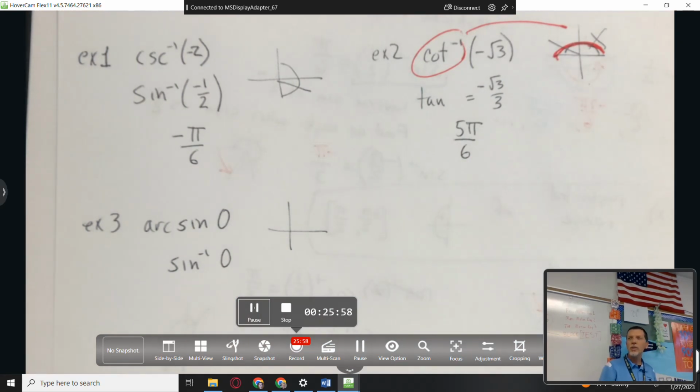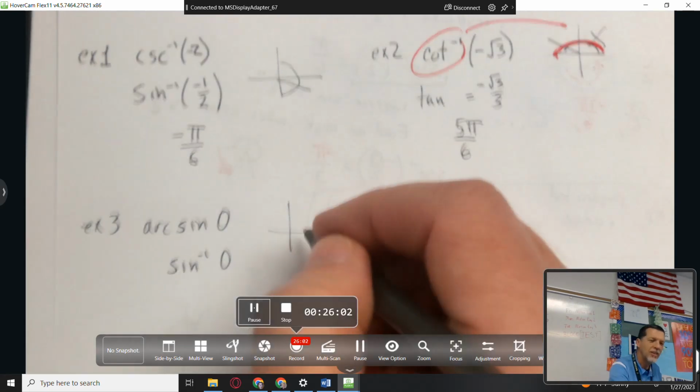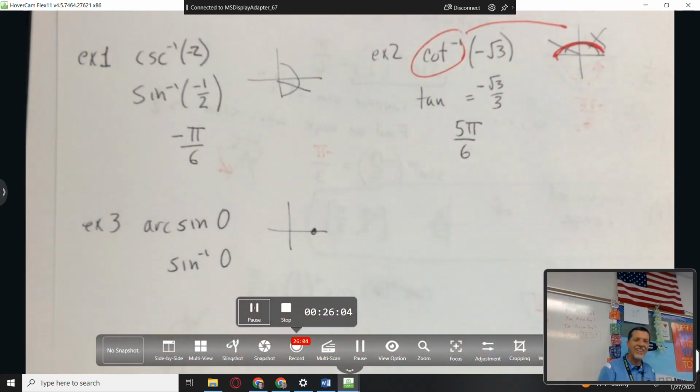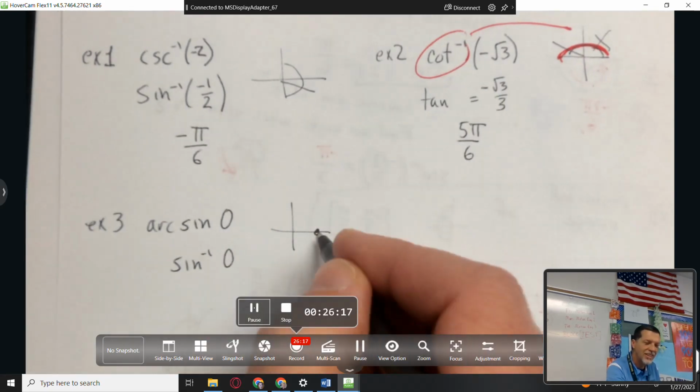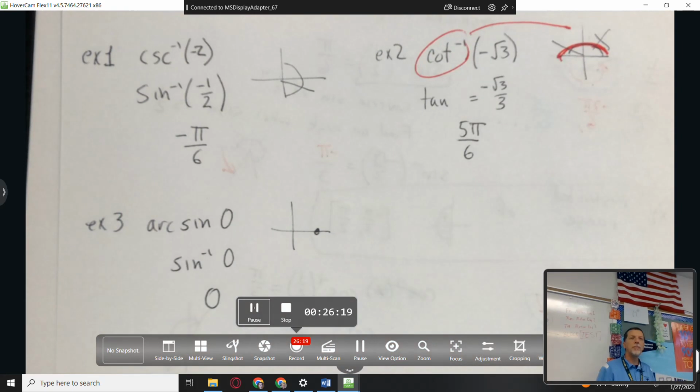And I'm like, yes, it's the one on the right. What angle is that right there? Well, it could be 2 pi, but I'm not allowed to use 2 pi. I need to use the simplest angle there is. 0. Woo, that was easy.